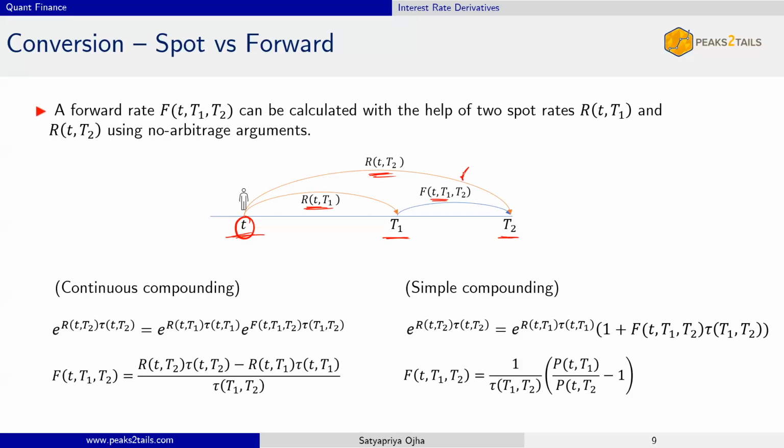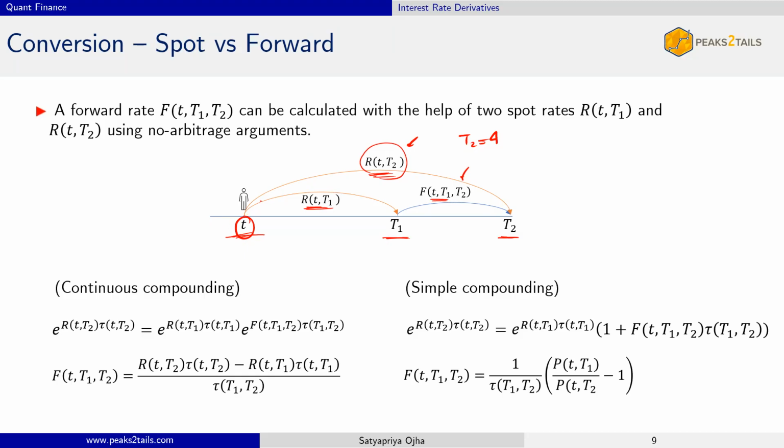Let me give you a quick analogy. I don't know if that will make sense, but it's something similar. Suppose you are trying to stay in a hotel for 4 nights, starting right away from right now. Either you can walk into a hotel and book it for 4 nights. So you'll get a spot rate. T2 is 4 nights.